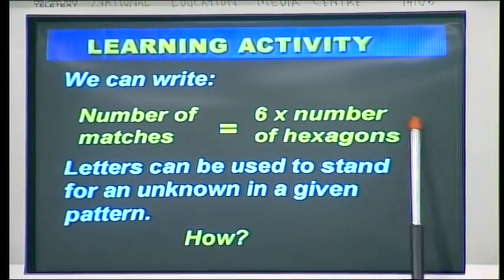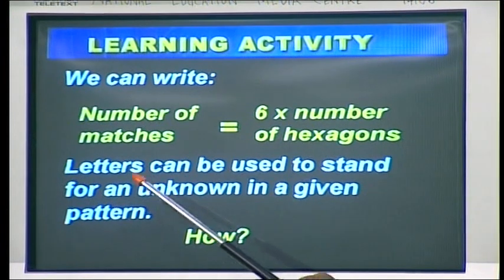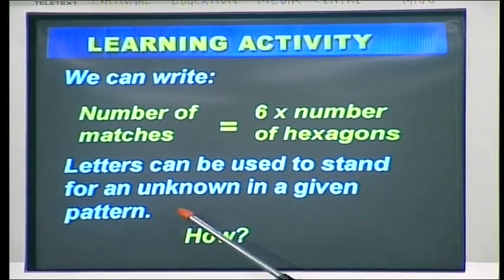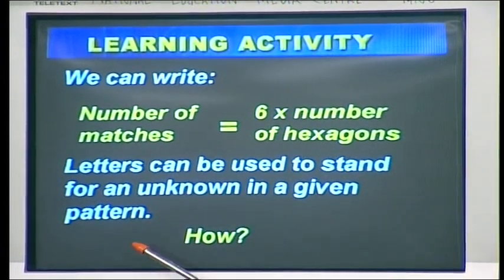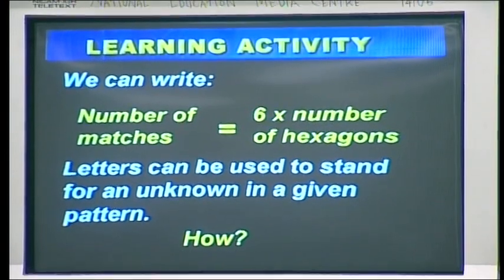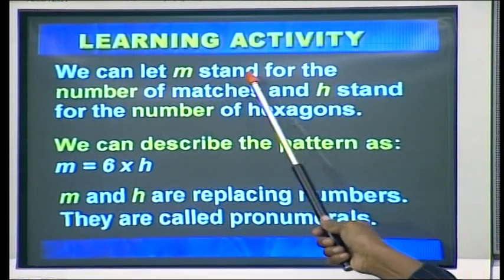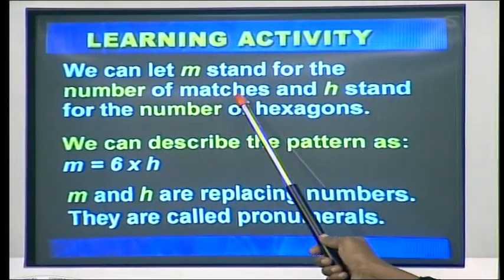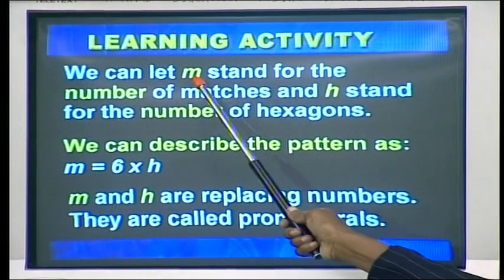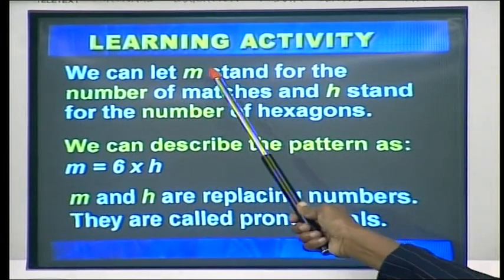Instead of writing this as words, letters can be used to stand for an unknown in a given pattern. How? We can let M stand for the number of matches. Symbols, this is what we mean now, or letters.